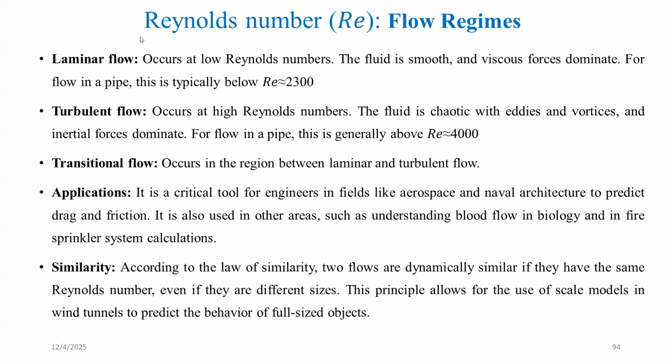For laminar flow, the fluid flow is smooth and viscous force dominates, so for flow in a pipe, this works. Turbulent flow occurs at high Reynolds number and is characterized by chaotic eddy kinds of vortices. Inertial force dominates the flow in turbulent flow, and transitional flow occurs in between the laminar and turbulent regions.